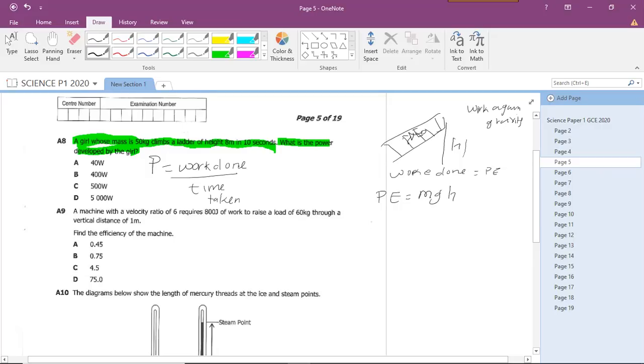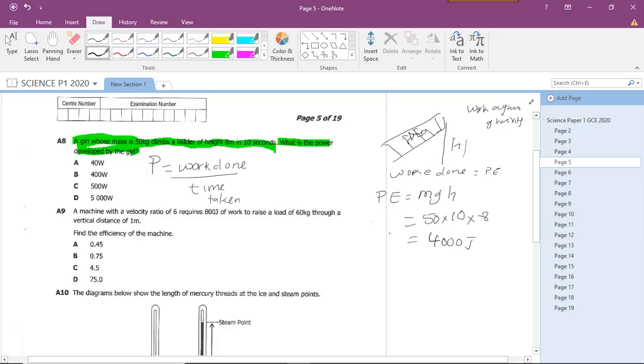In this scenario, the work that has been done is potential energy, because she's going upwards, climbing this ladder, and she has a mass of 50 times gravity, which is always 10, multiplied by the height of the ladder, which is 8. So all we have to do is get our calculator and say 50 times 10 times 8, you're going to get 4,000 joules.